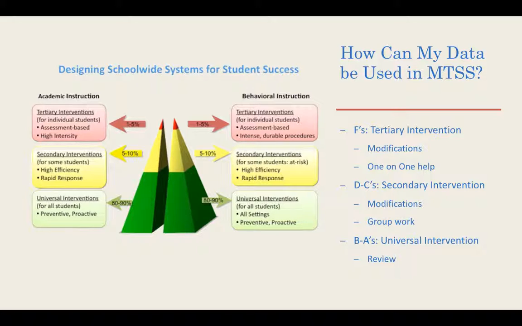I would have them come together as a group where we could all discuss certain things and try to figure out where we might be falling behind and how I could help them better. If they are getting a B or an A, that would be universal intervention, where they would be in a good spot currently. I would be making preventative actions and maybe doing more review.